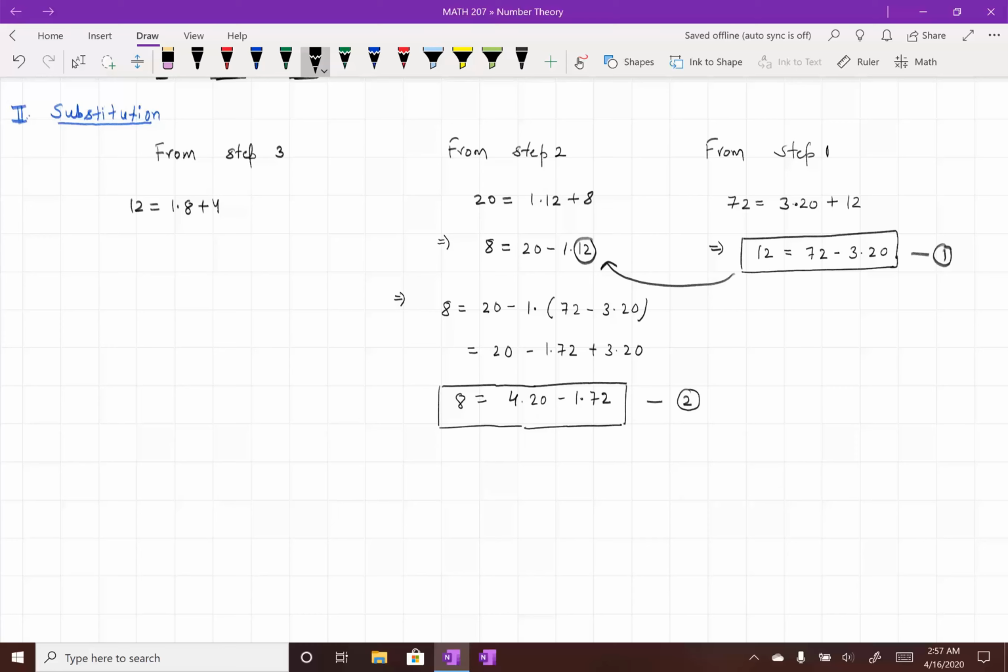Now if you go to your third step of your Euclidean algorithm, you have written that 12 was equal to 1 times 8 plus 4.